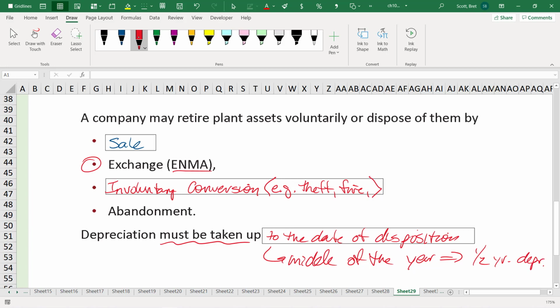If 9 years goes by and we sell it halfway through year 10, we cannot just say we have 9 years' worth of accumulated depreciation. We have to take accumulated depreciation all the way to the 9.5 year mark. And that's what I'm going to talk about next in an example.